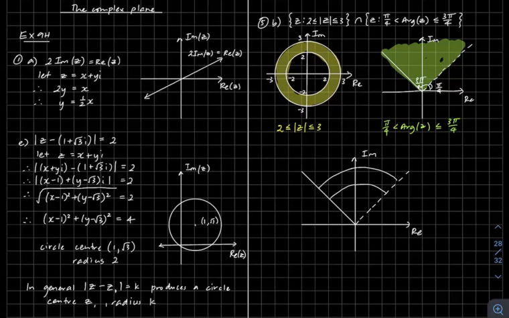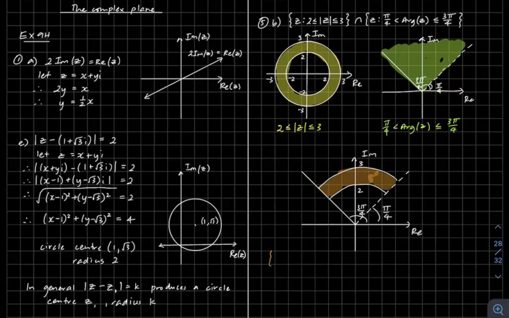Something like that, where, let me pick a different color, where that's the common intersection between them. And let's put some numbers on here. So that's 2 and that's 3. That's pi on 4, and that one's 3 pi on 4. And that one there in orange is in fact the one that we're after.